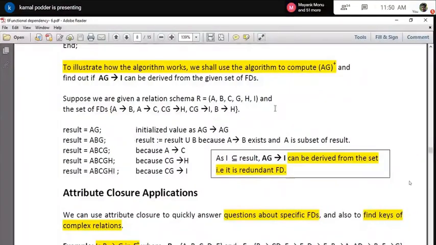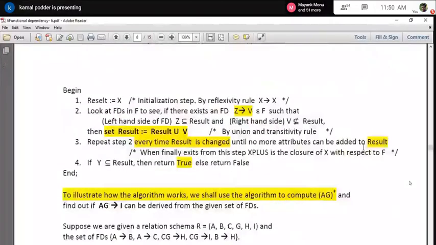Okay, as per this rule, what it says is that the left hand side is a subset of the result set, and the right hand side is not a subset of the result.